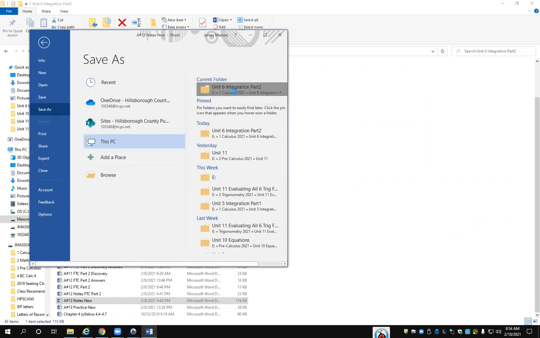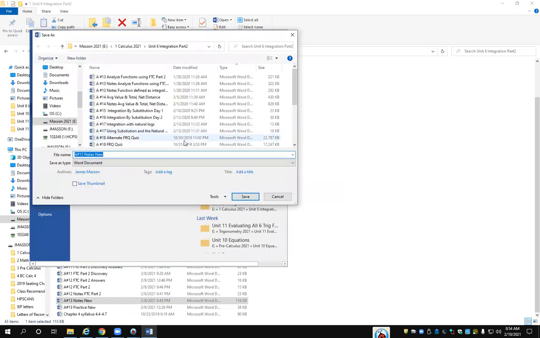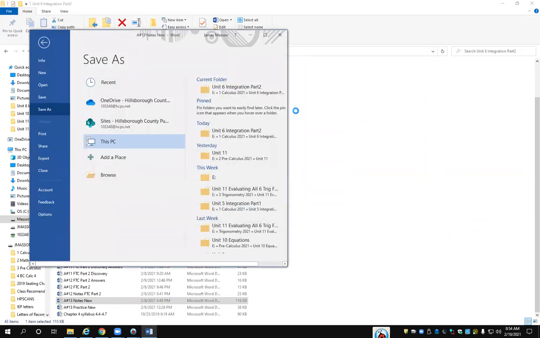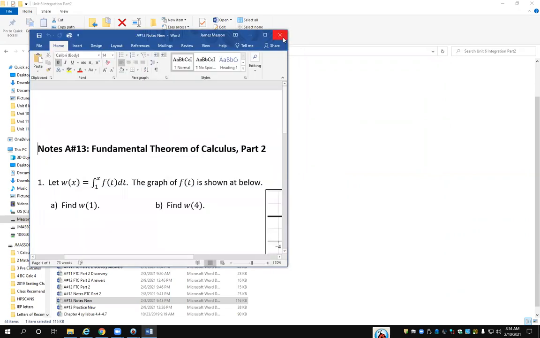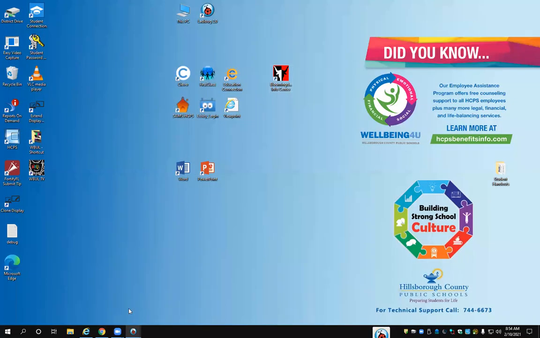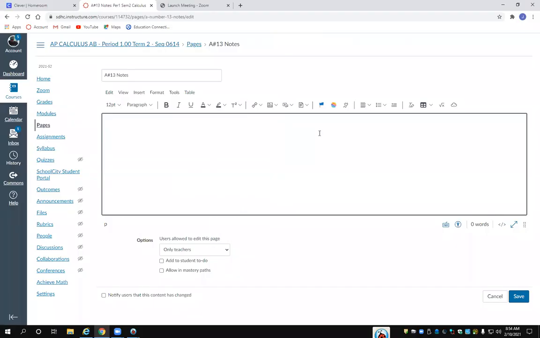All right, I'm almost done saving it as a PDF and then I'll be done posting it. We're getting there. Computer's just working a little slow today. All right, it is saved as a PDF. Now back into here.